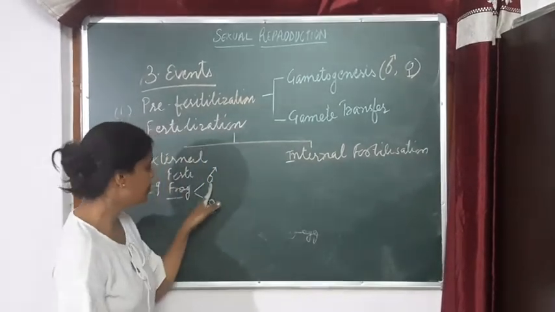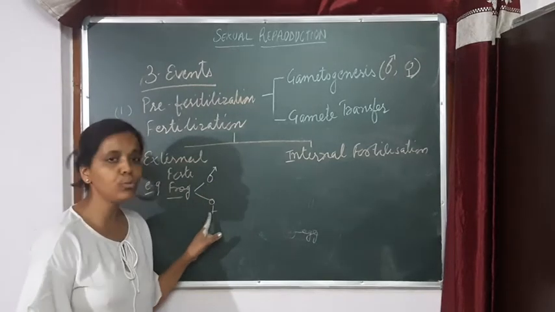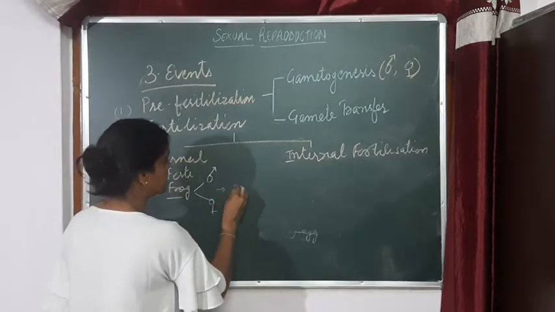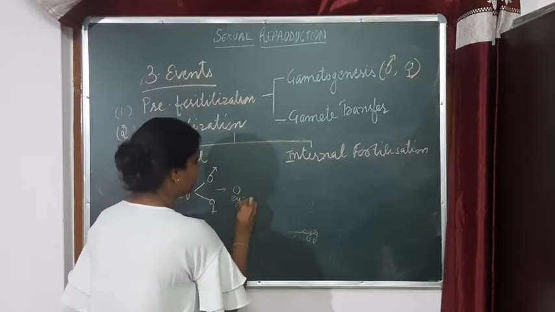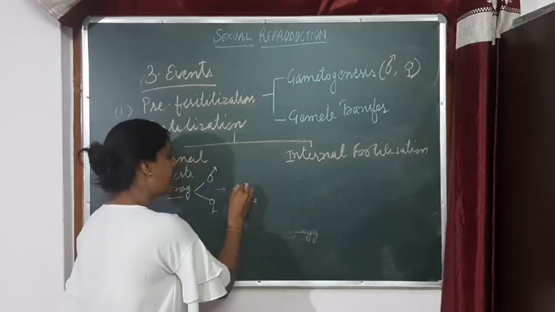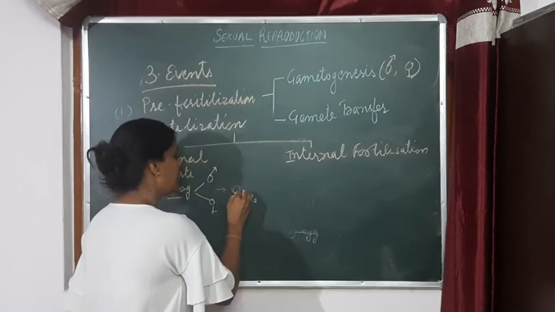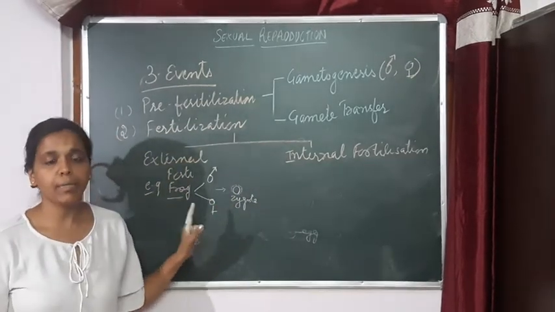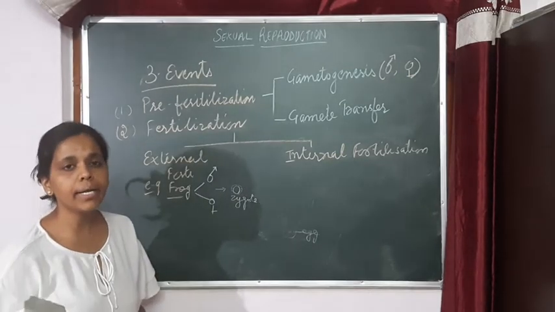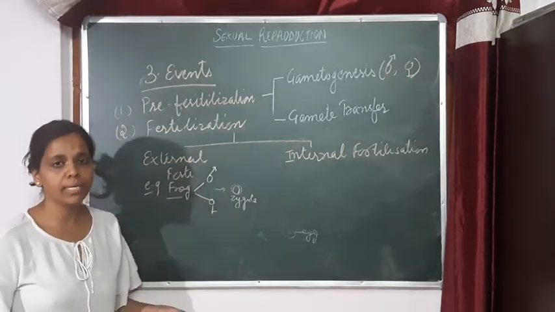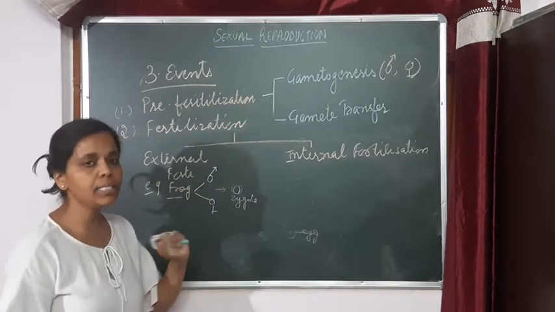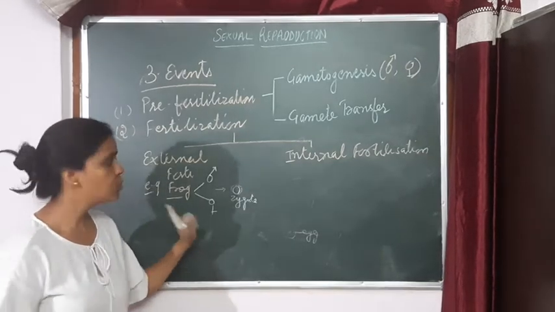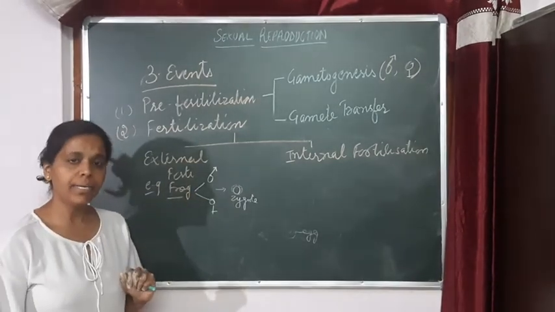The male gametes are motile and they will come and fuse with the female gamete and form a tiny structure called a zygote. This structure is covered by a thin gelatinous layer which helps in protection. Where is the fertilization taking place? It is not inside the body of the organism, but the gametes are released outside in the medium and the zygote is formed in the external medium. That is why it is called external fertilization.